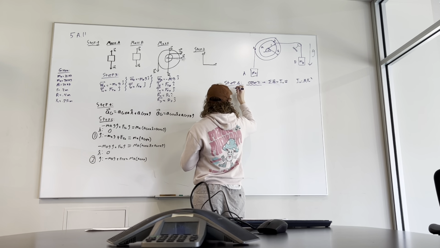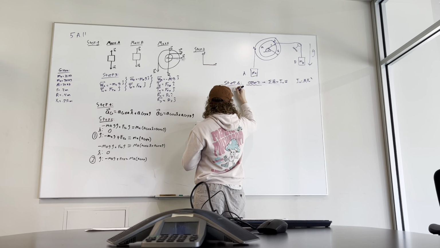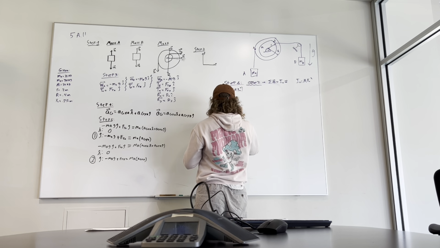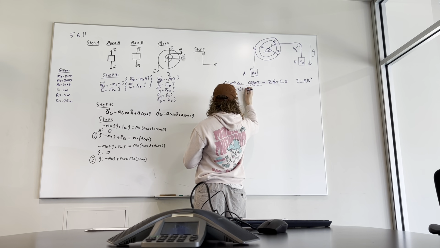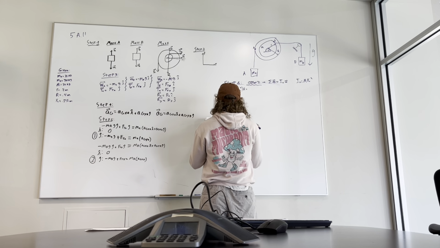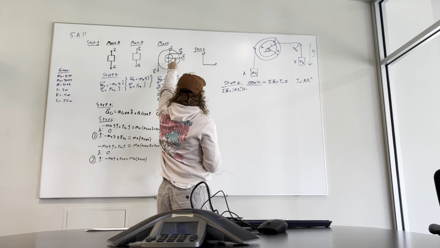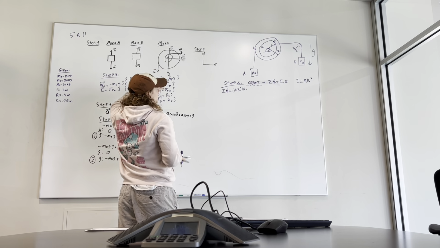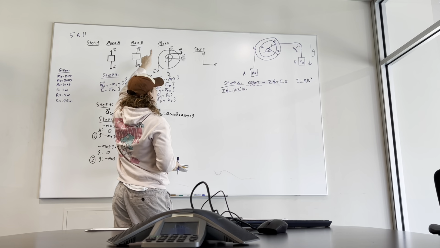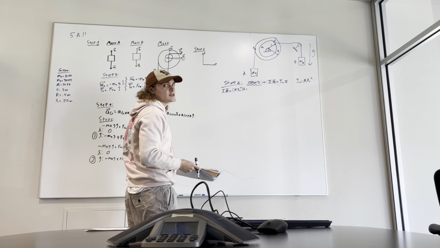So we can sub in MKO squared times alpha is equal to tension at B would cause a clockwise moment, so that would be negative, and tension A would cause a counterclockwise moment, so that is positive.